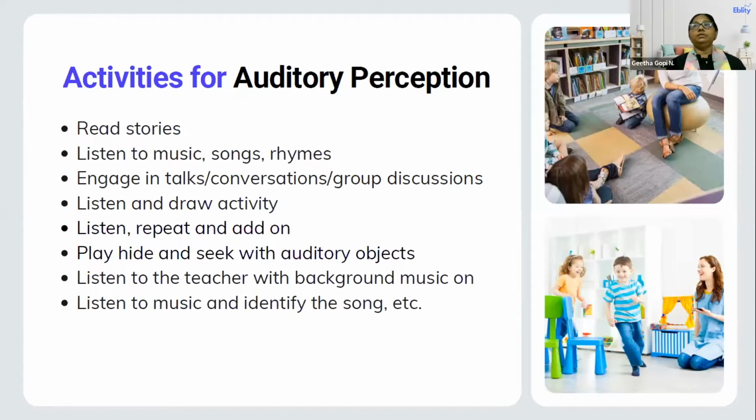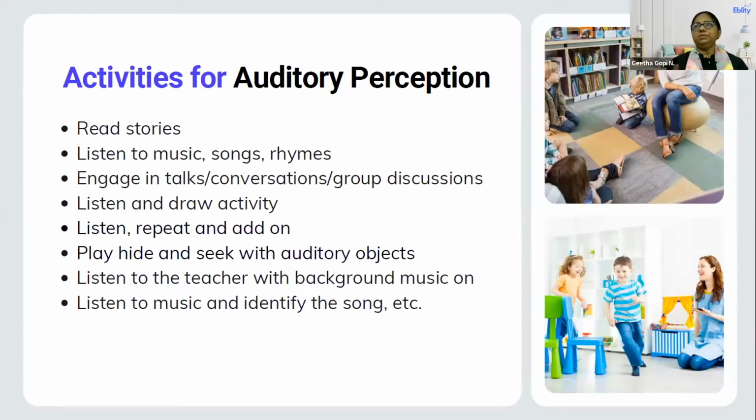Listen and draw activities. Somebody dictates to you, say, draw a straight line from top to bottom, and then take the line from left to right, and so on, and you draw according to the auditory instructions given, and end up with a certain figure. So listen, repeat, and add on.